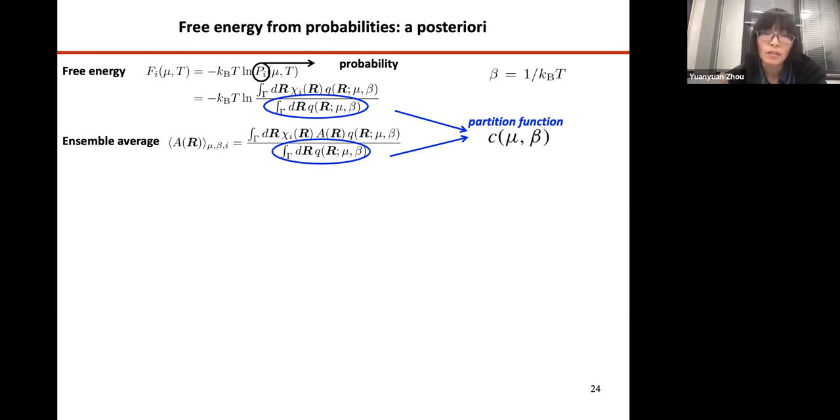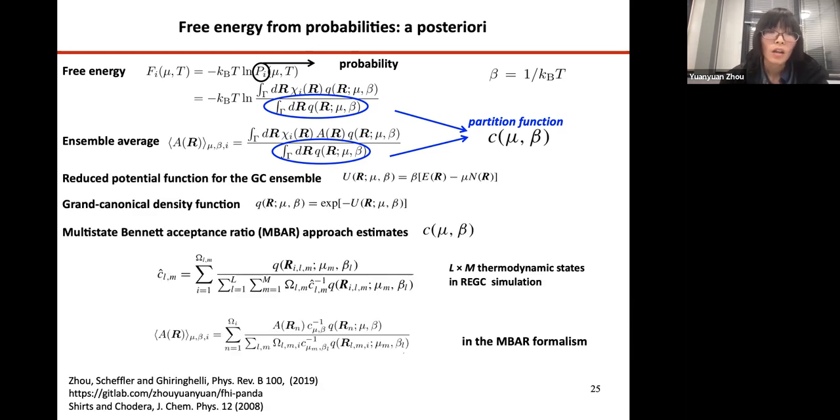If we know the density probability function, then the non-trivial task is to evaluate the partition function at each chemical potential and temperature we are interested in. With this partition function, we can calculate the free energy or the ensemble average.